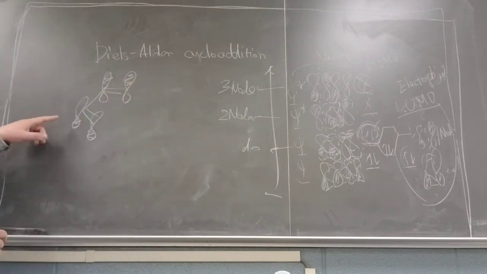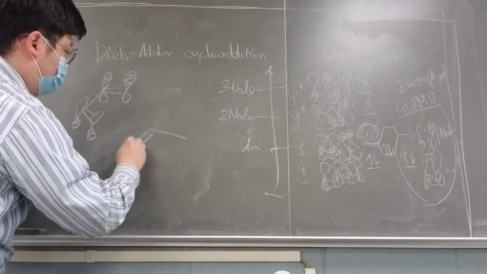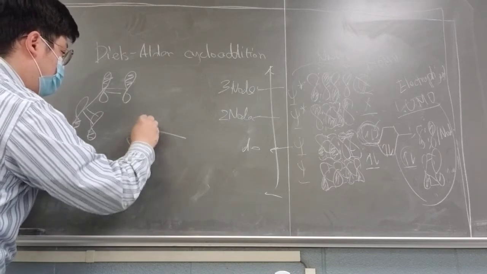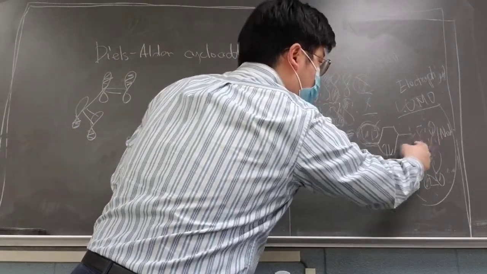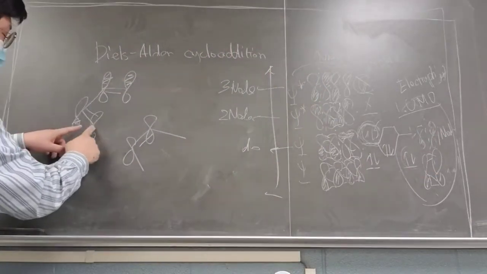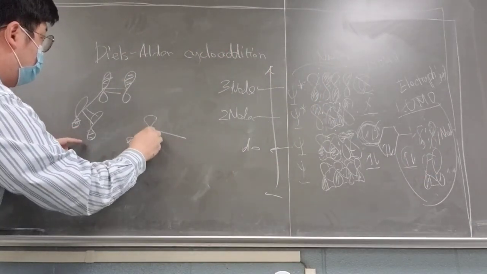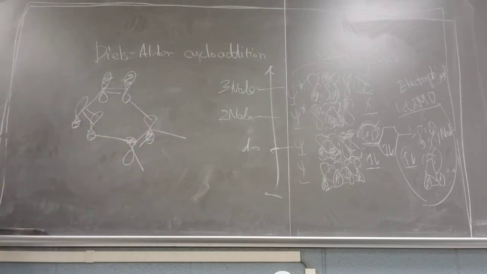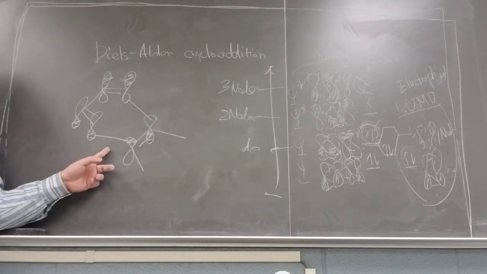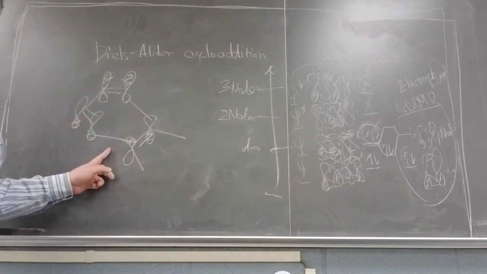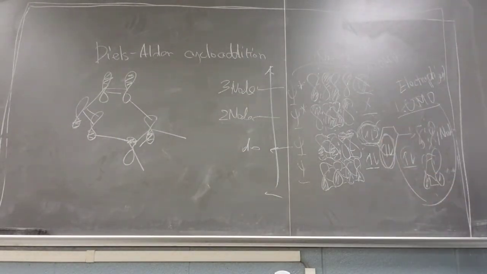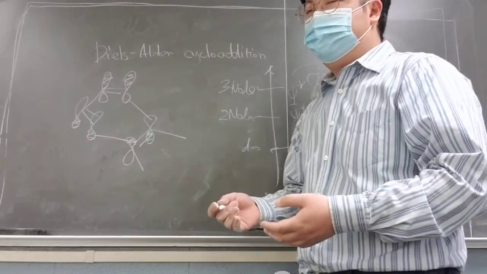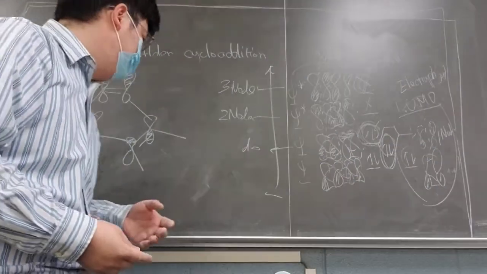And whenever you have this one, there's also two p orbitals over here, which should differ in the position of the lobes, plus and minus lobes, which if they match up with here, like this, then it works. So they can make a bond here, which is a single bond. Okay?